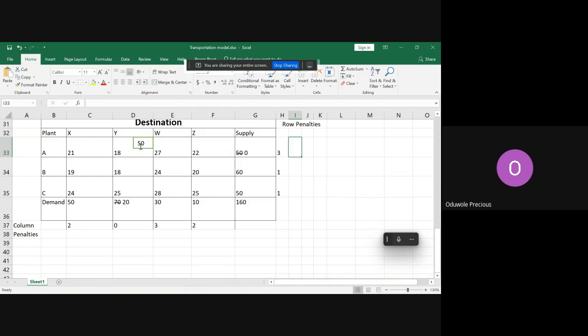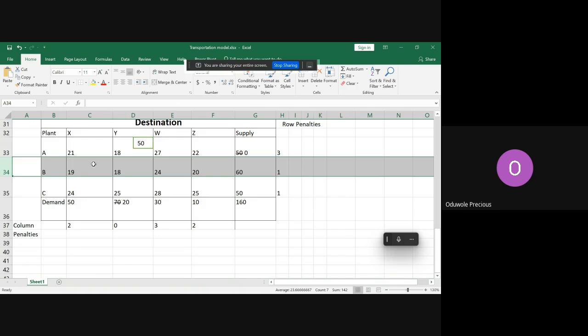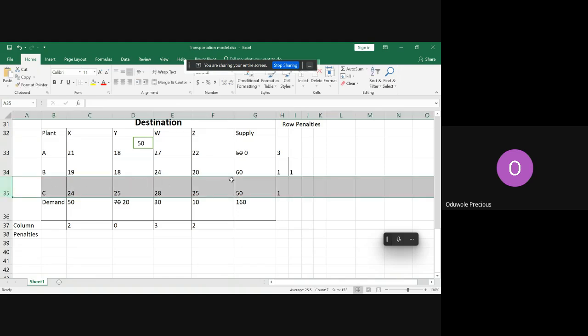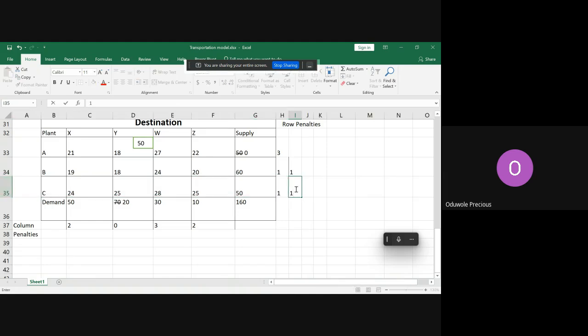Since we cannot do this one again, there will not be penalty here. So penalty will continue from here. From here, what are the two least? 19 and 18, which gives us 1, right? This one too is 24 and 25, which also gives us 1.